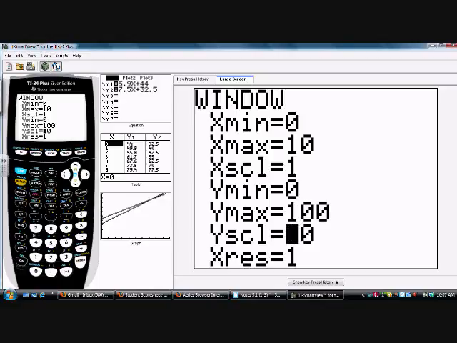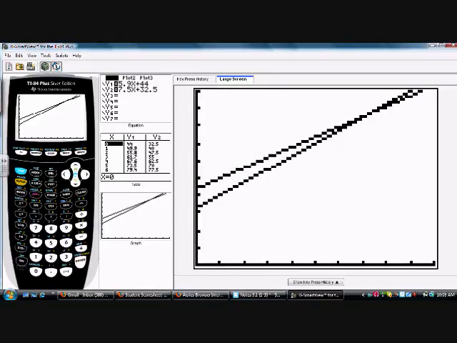And you can reset your Y scale to be a 1 or a 10 or a 50, however often you want to put a tick mark on your y-axis. And you don't have to worry about XRES. Now hit graph, and you should have a decent graph of those two equations, and you should be able to see where those two lines intersect.